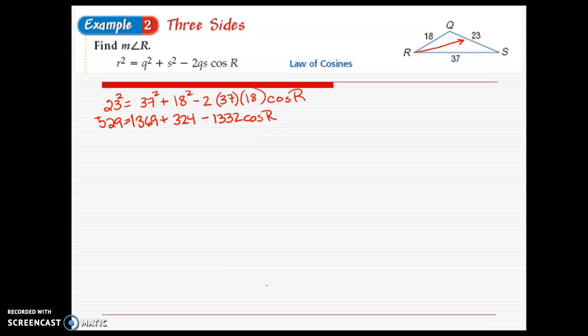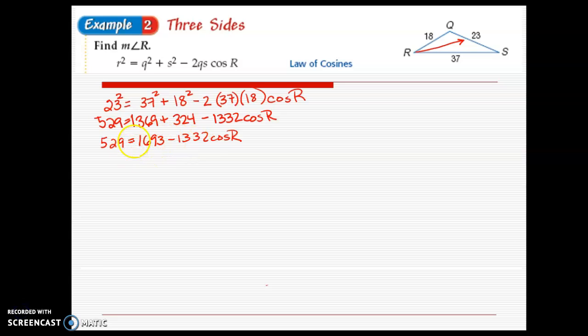Okay, so what you're going to have to do first is get everything combined together here. This 529 is going to equal 1369 plus 324 is 1693 minus 1332 cosine of r.